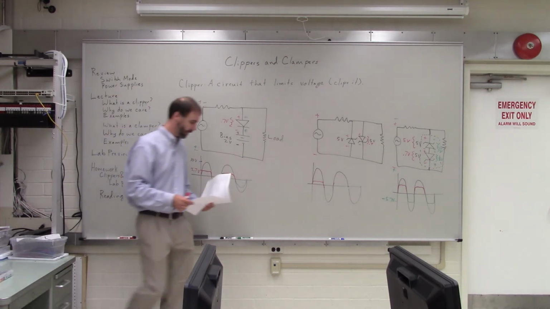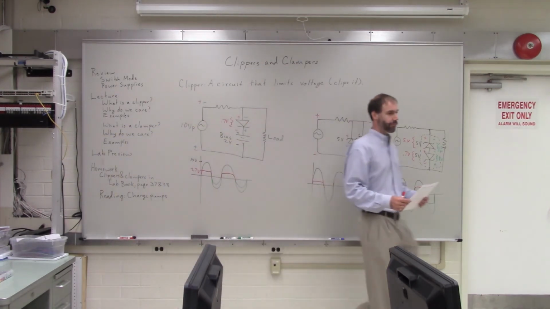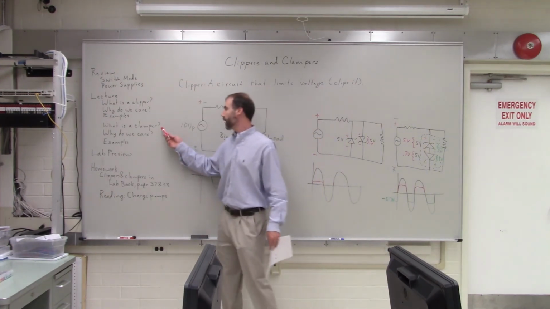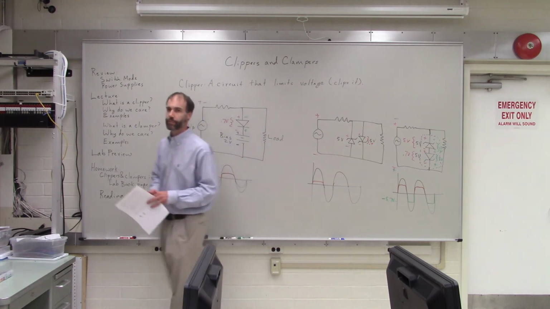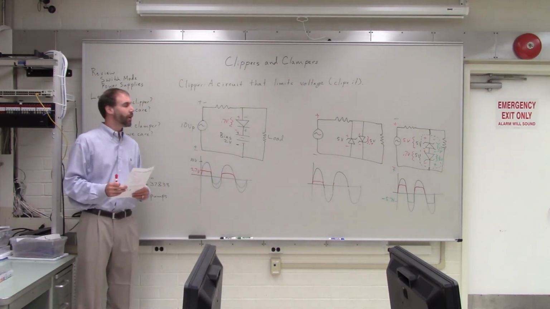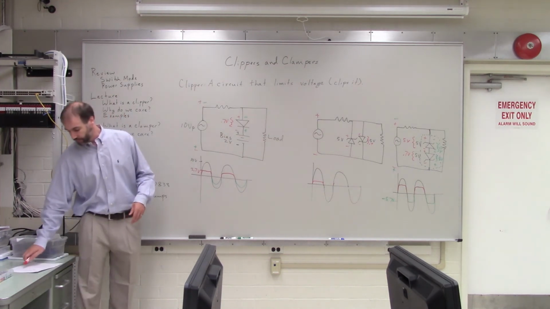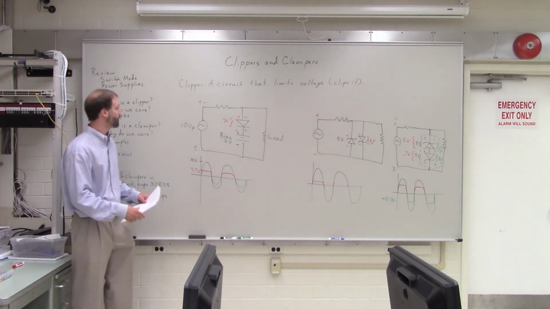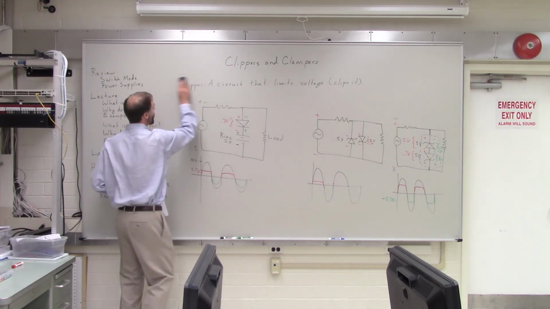Okay. So then, the next thing that I want to talk about is a clamper circuit. Okay, so a clamper circuit is a circuit that, well, let me write down the definition here.